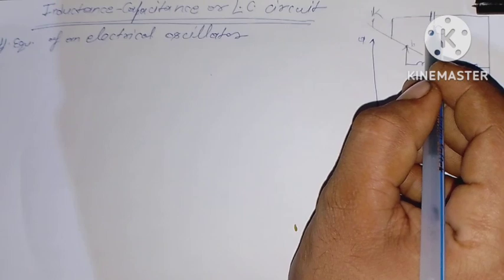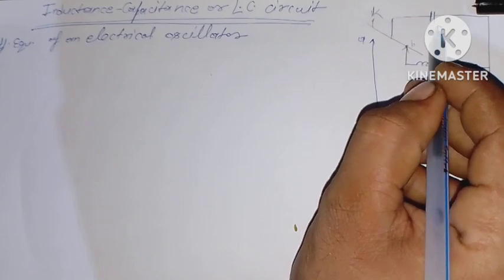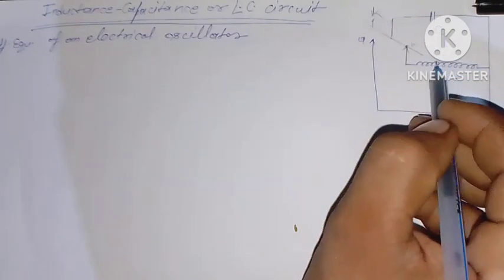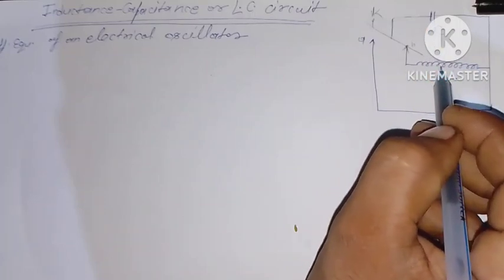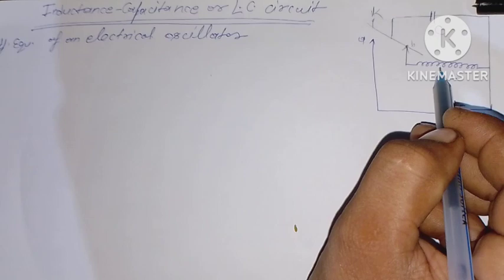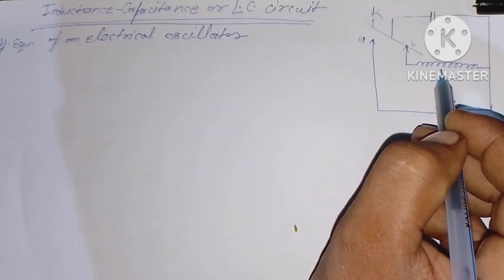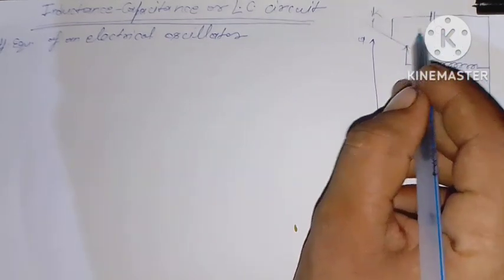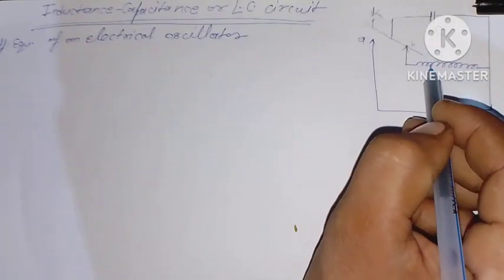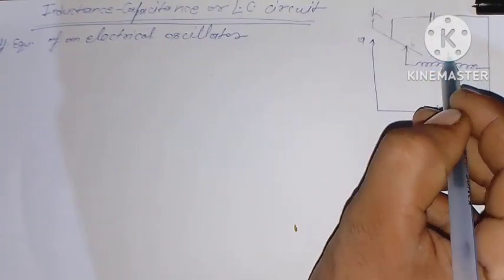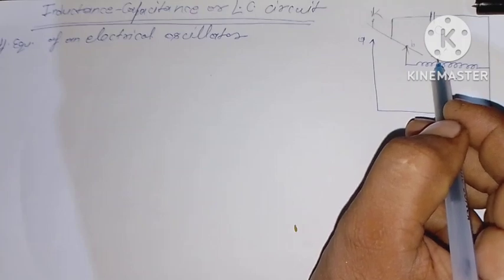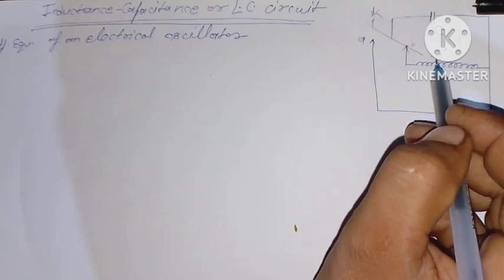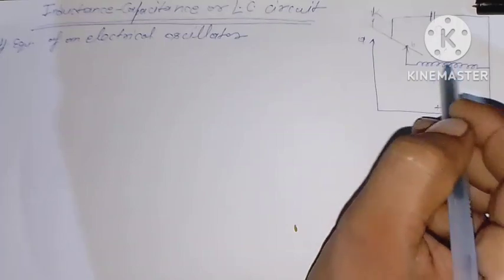As the capacitor begins to discharge through the inductor, a current begins to flow in the inductor coils. This sets up a magnetic field around the coil.